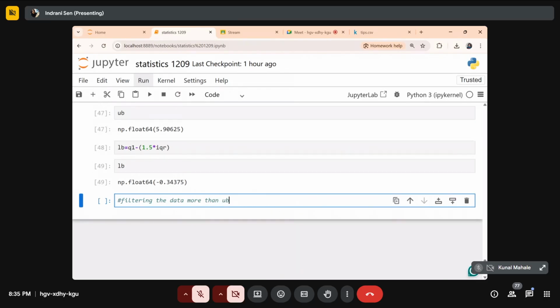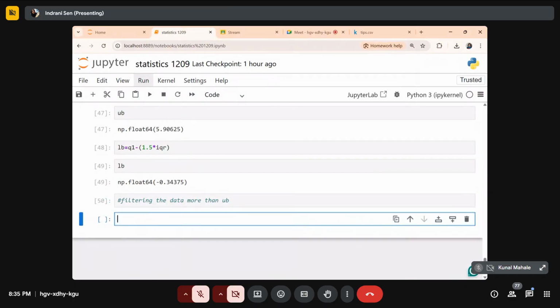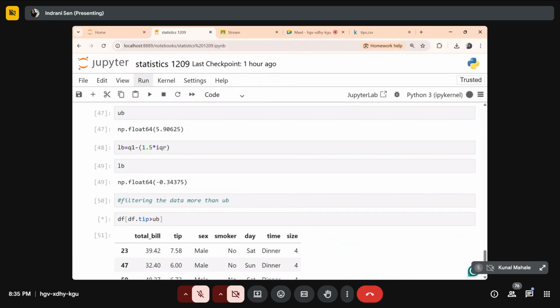So df, and here you can write the filter option: df.tip greater than UB. This will give you the data which is the outliers.